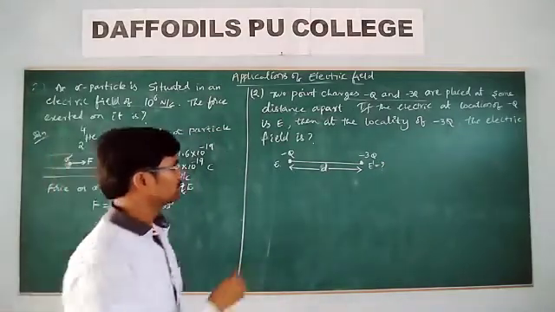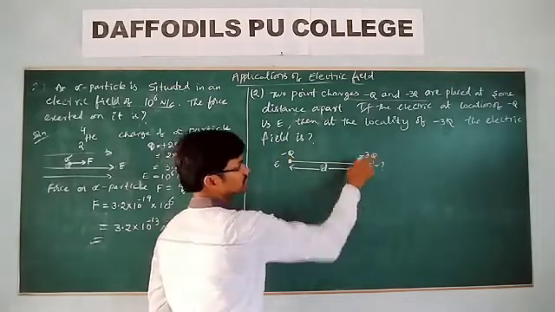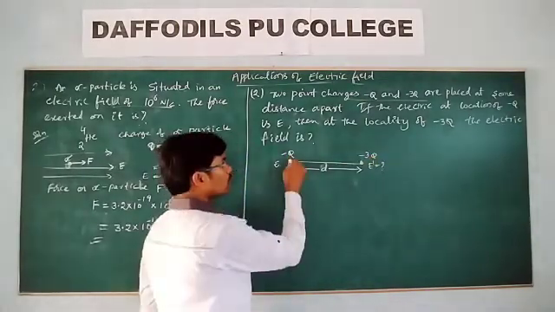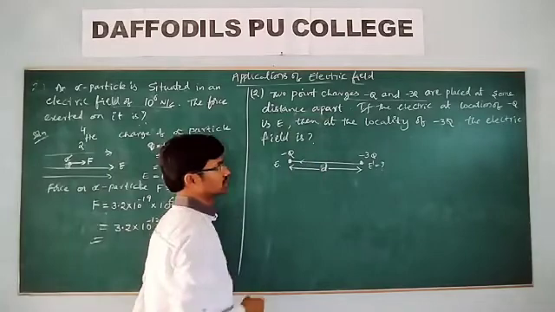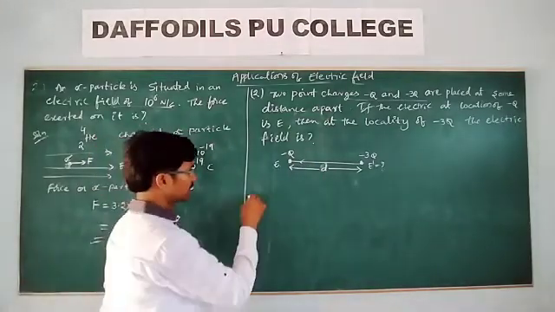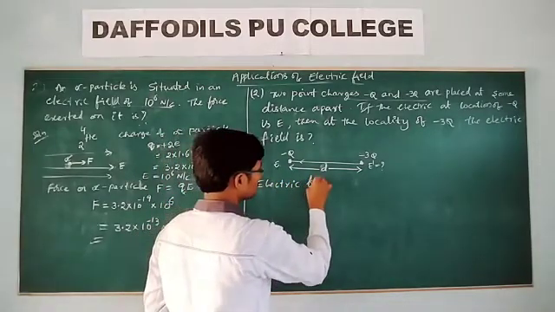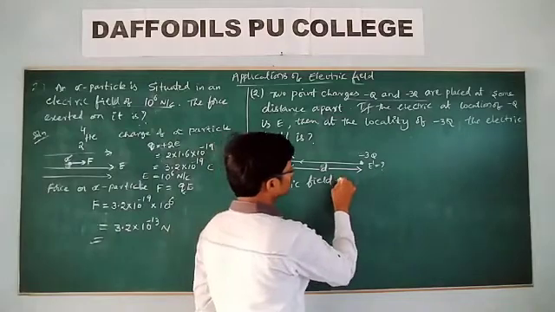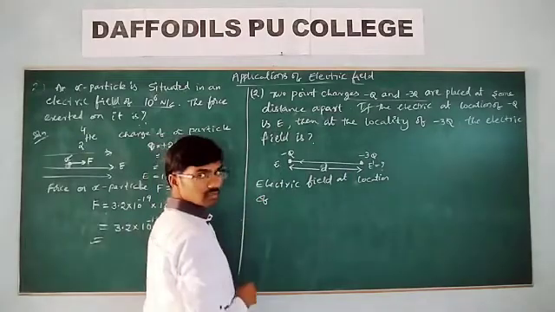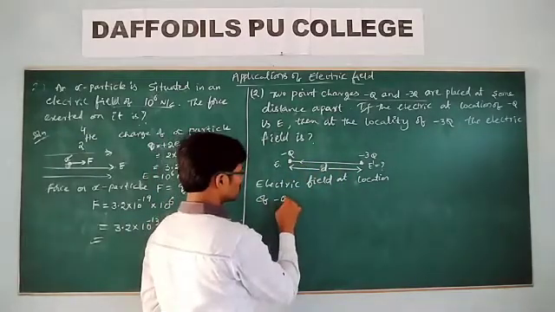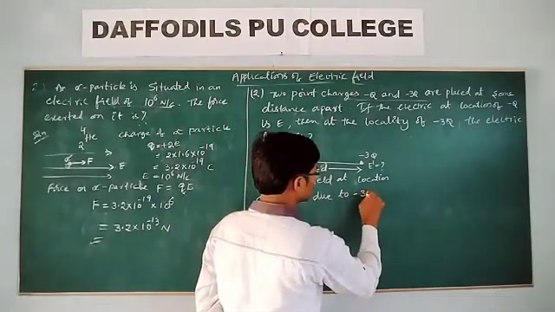Now tell me, at this point, due to which charge do we get the electric field? Due to this charge. And what is the direction of the electric field due to this charge? Towards this direction. So let me write: the electric field at the location of minus Q is due to minus 3Q.